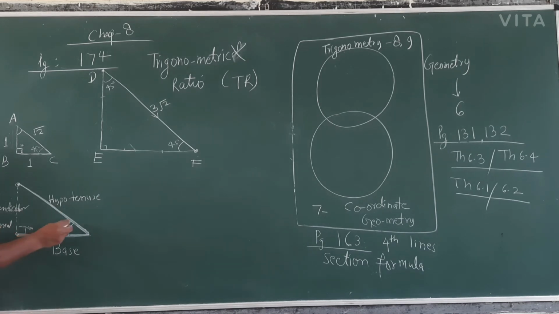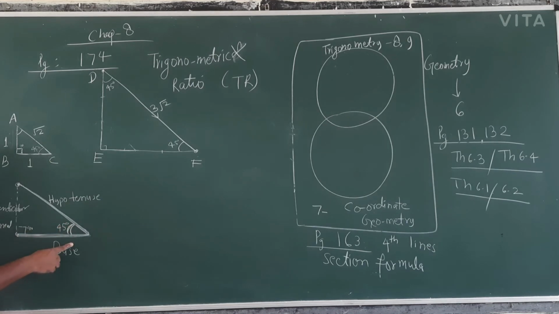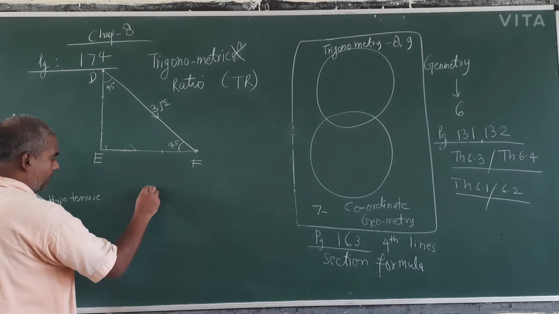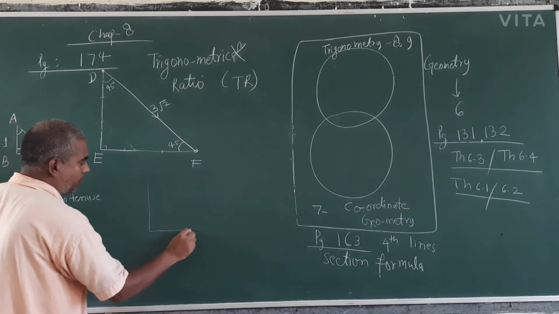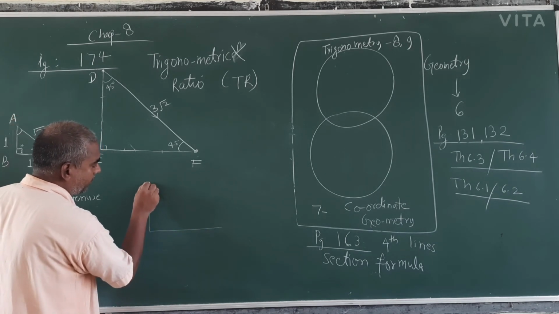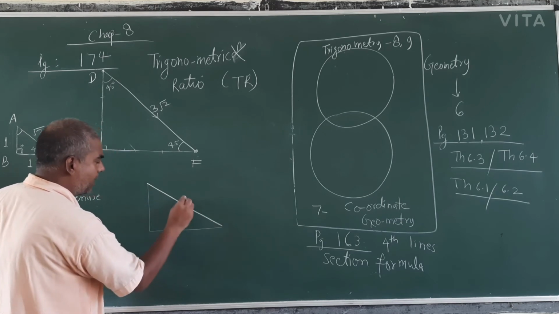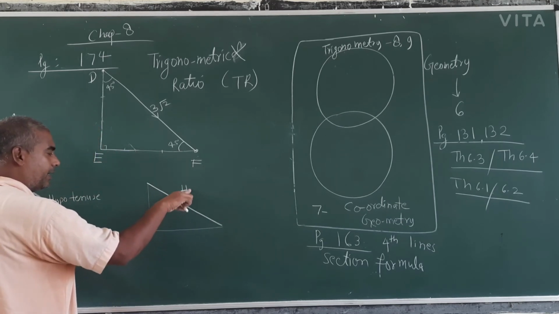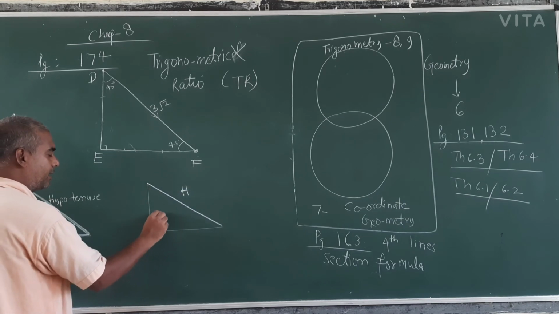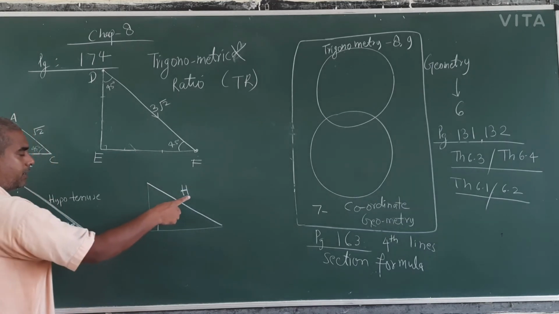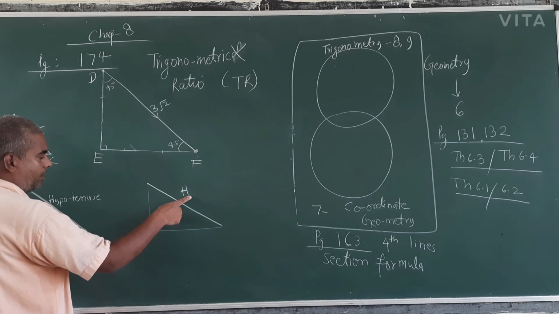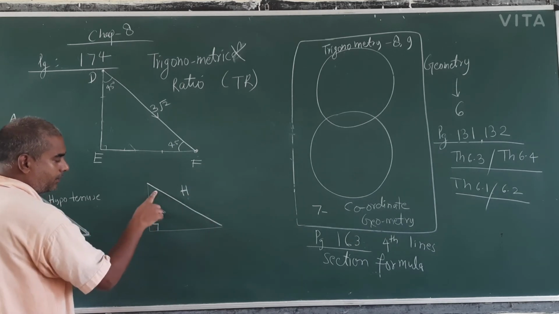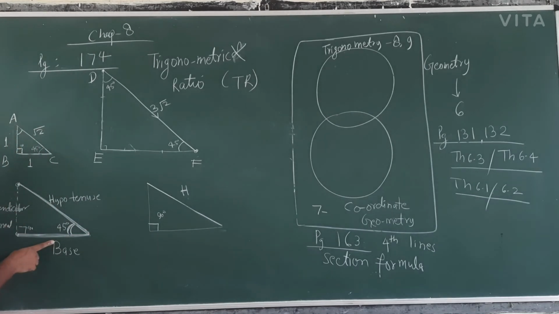For this angle, this is the base, and don't be confused, because I have told you in this triangle, this is hypotenuse, it is fixed, hypotenuse h. Let me write in short, h. This is 90 degree. If you take this angle, so this, between this and this is the base.